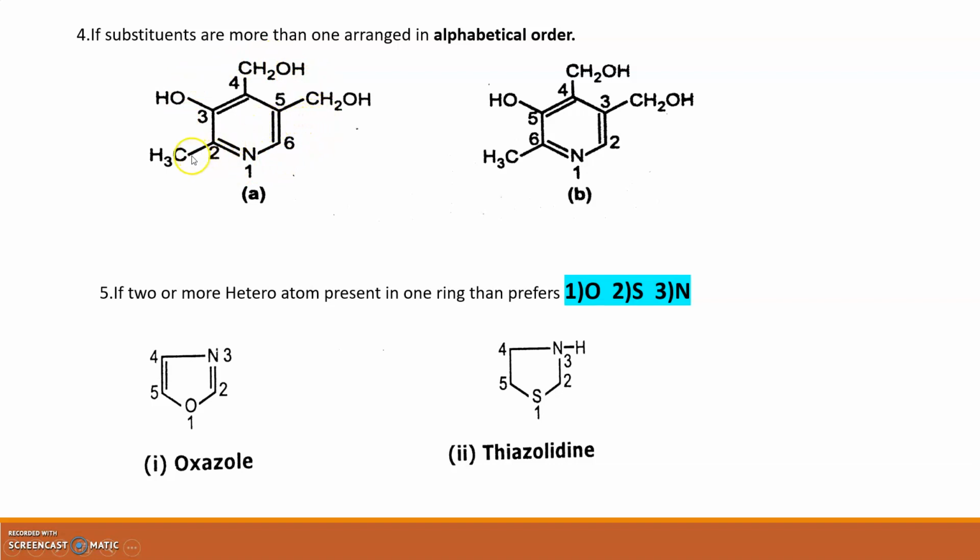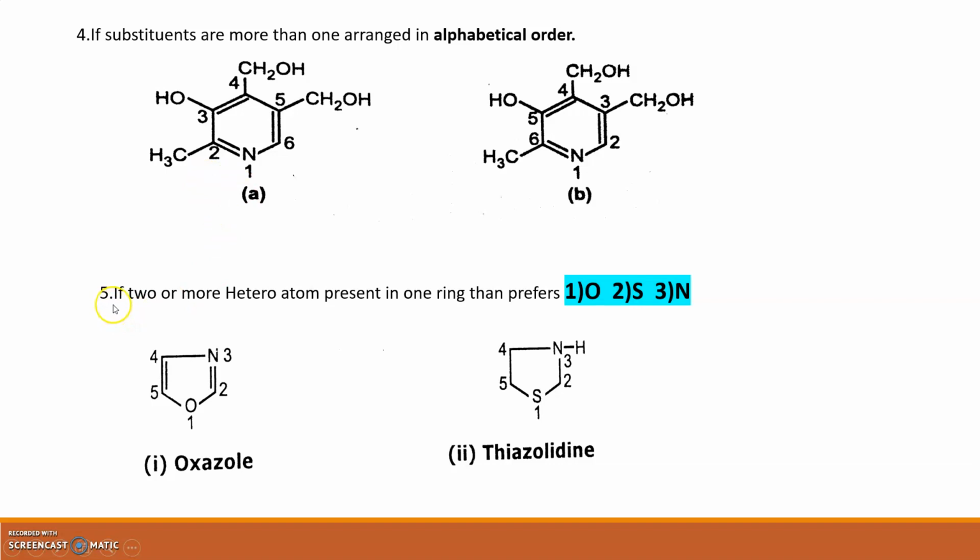For example, CH3 indicates methyl, OH indicates hydroxyl, CH2OH indicates methanol. Likewise, all these substituents are present. Write them separately, and whichever comes first alphabetically, you write that substituent's name first.